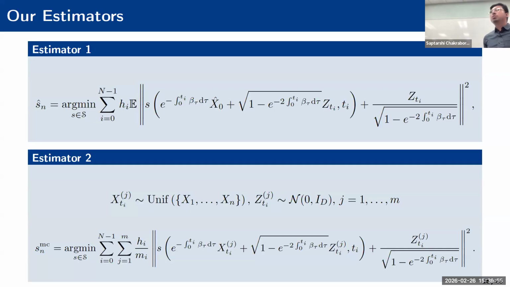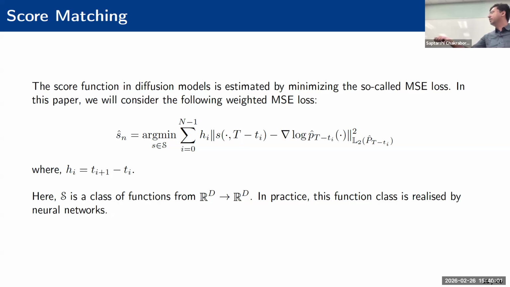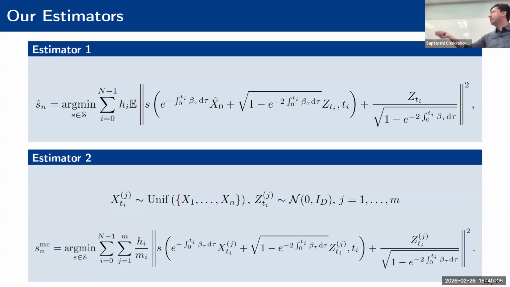So we talk about two different kinds of estimators. One is the true one. What we can show is that this objective, by Gaussian integration by parts, is exactly the same as minimizing this objective, where we have an expectation over both this Z and X. We minimize this objective with respect to S being in this script S. But of course, in practice you do another step.